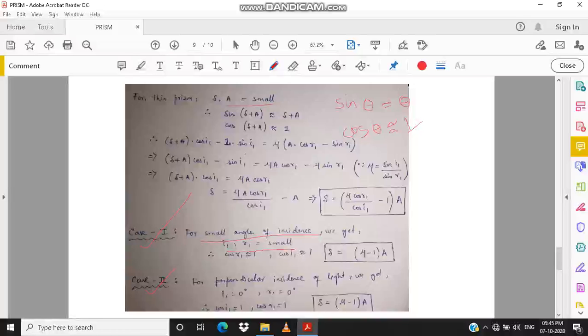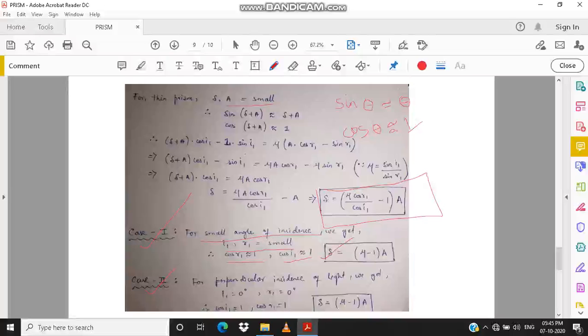If these angles are small, then cos of R1 and cos of I1 will be approximately equal to 1, right? So in this equation, we just substitute the values of cos R1 and cos I1 as 1.